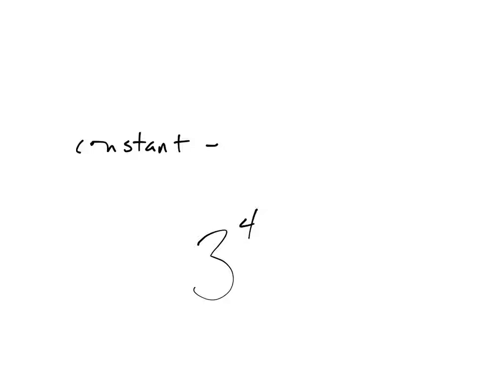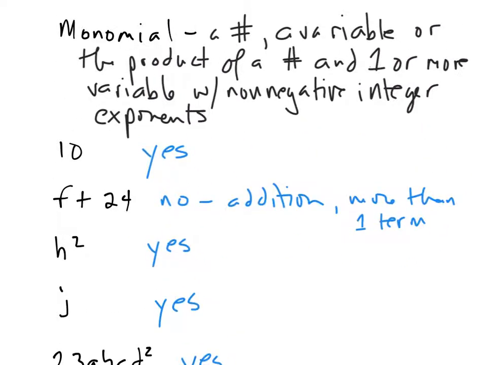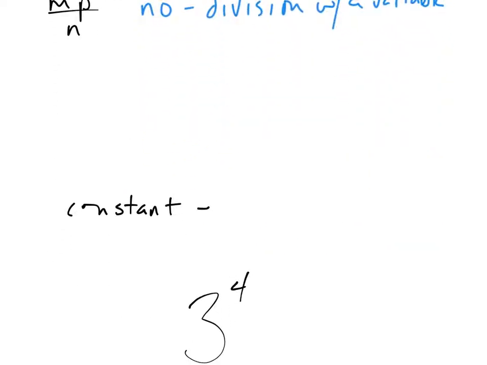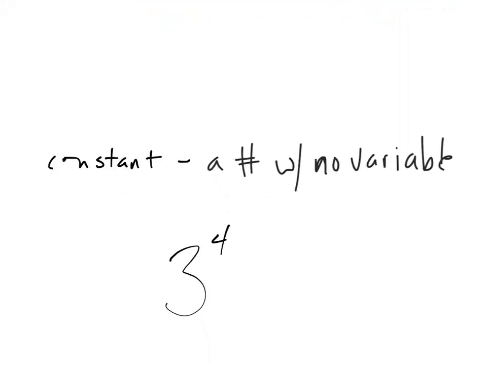So when we talked about that first problem, which was 10, 10 is a monomial, but it also has another name. It's called a constant. And so a constant is a number with no variable. All right. So that takes care of our definitions.